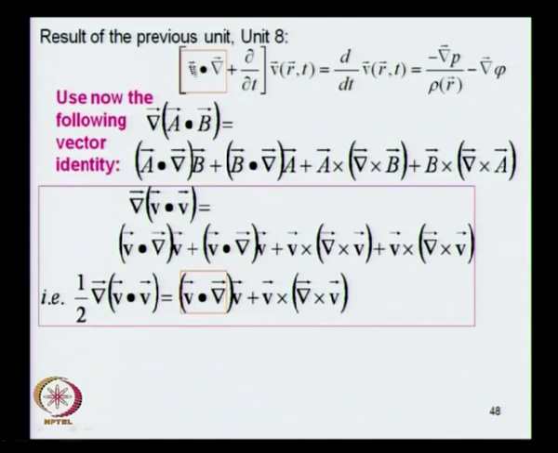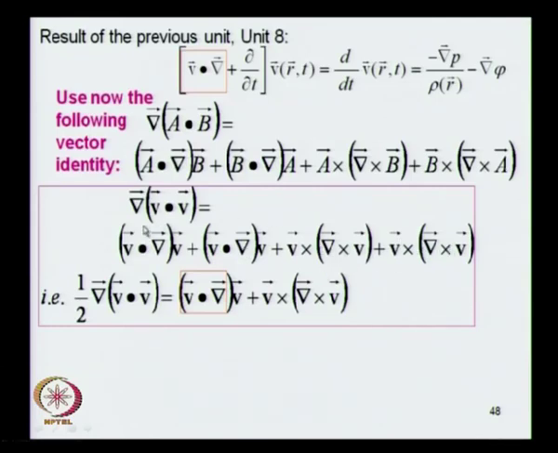So, the left hand side of this identity will be the gradient of V dot V, and this is equal to, I just replace A by V. So, V dot del, and this B is also replaced by V. Likewise, I replaced every A and B over here by V, and now I have these 2 terms to be the same because both are V dot del operating on V, and here these 2 terms are also the same.